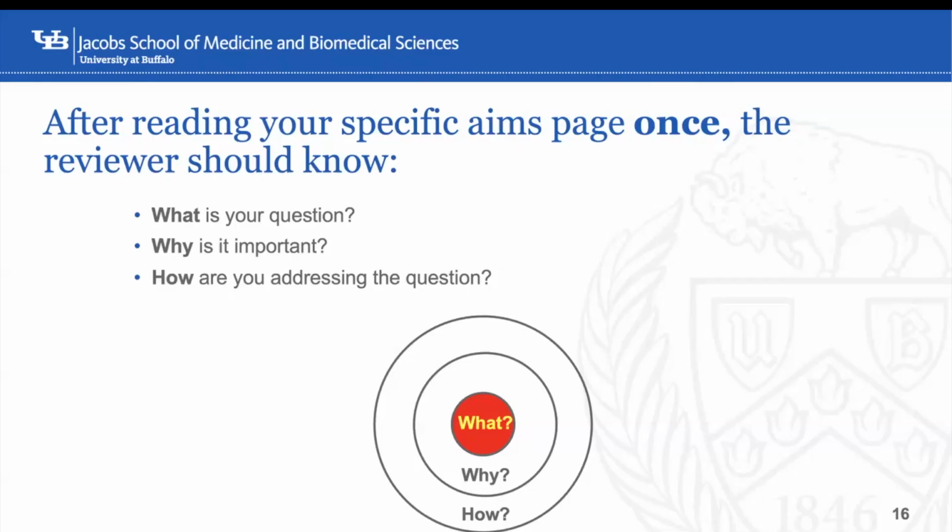Again, the should it be done? And how are you doing it? How you're addressing the question in general terms, right? Not microliters of this or that, but what is the general approach? So what, why, and how? Okay. Those are things I need to have a good sense of before I go to the rest of the grant, just from reading the aims page.